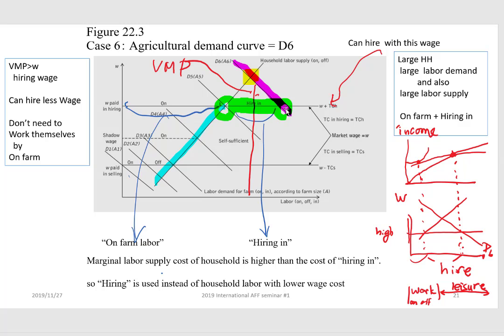Then we can find this point, and we can consider this with a subjective equilibrium model. Then we can explain this way: this amount for on-farm, and the rest of it is hired in, recruiting some other households' labor. Then the rest of them is leisure.